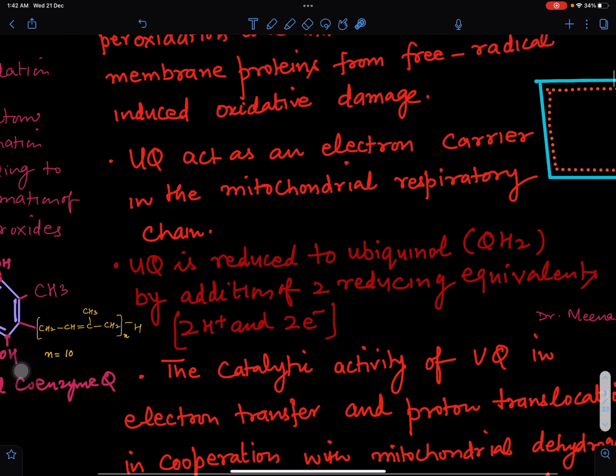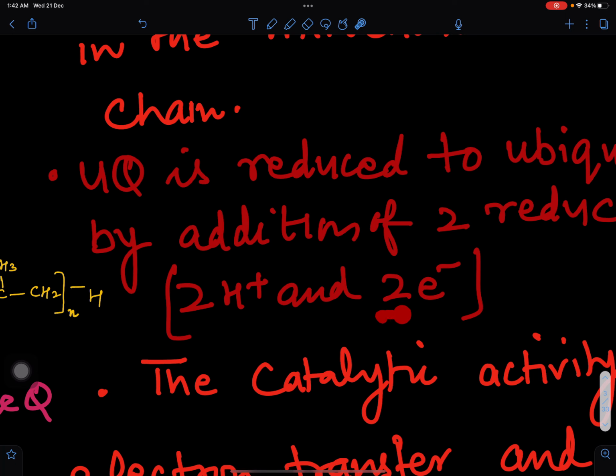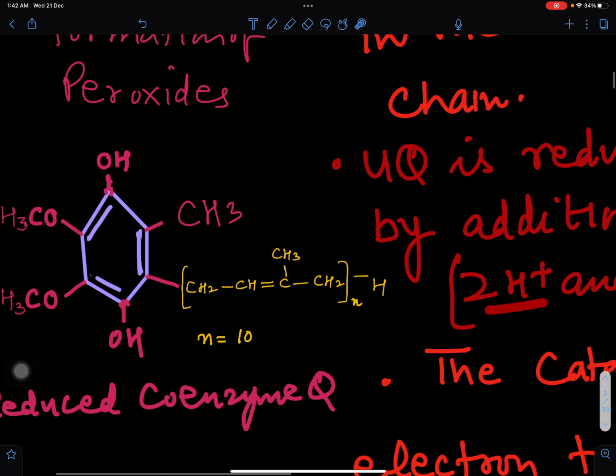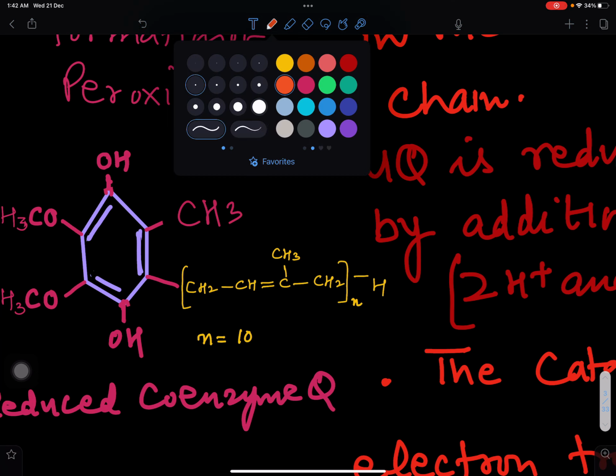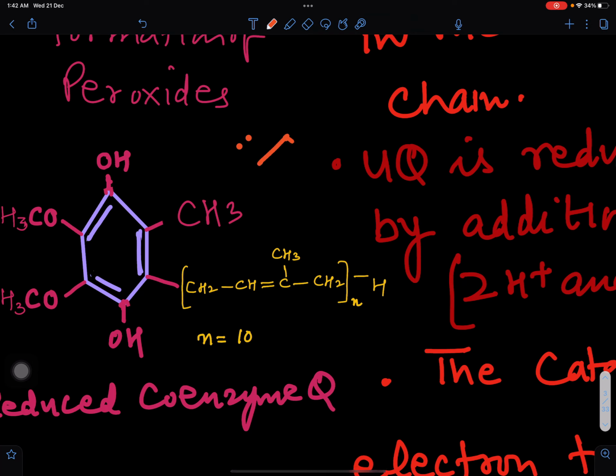So when two hydrogen atoms are added, then two electrons are also added, two hydrogen positive, two electron negative. So we can see here at this position where oxygen was there, like if we see this part here, it was oxygen. Now it has been changed into OH form, right?